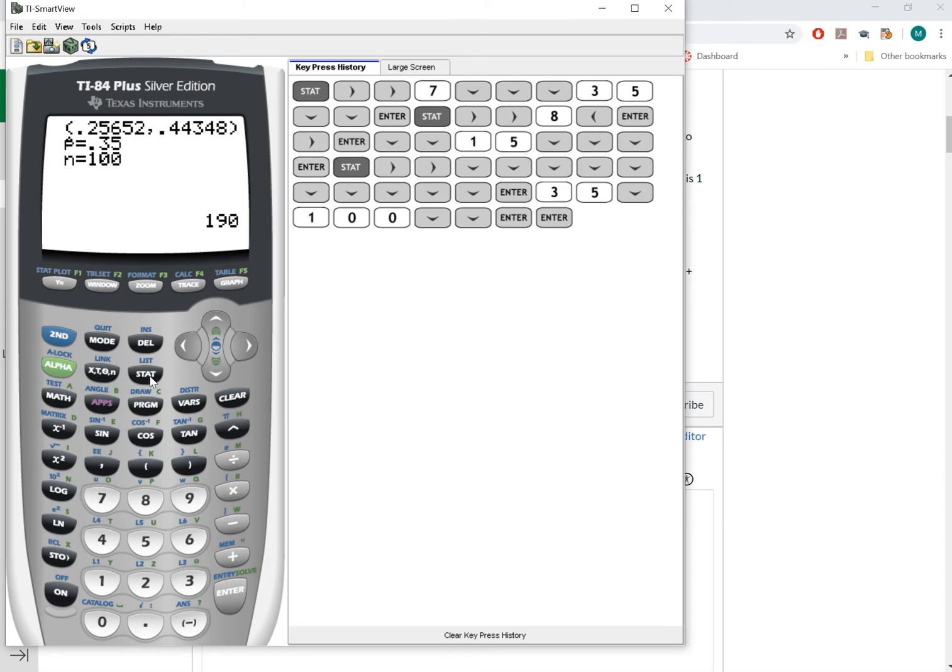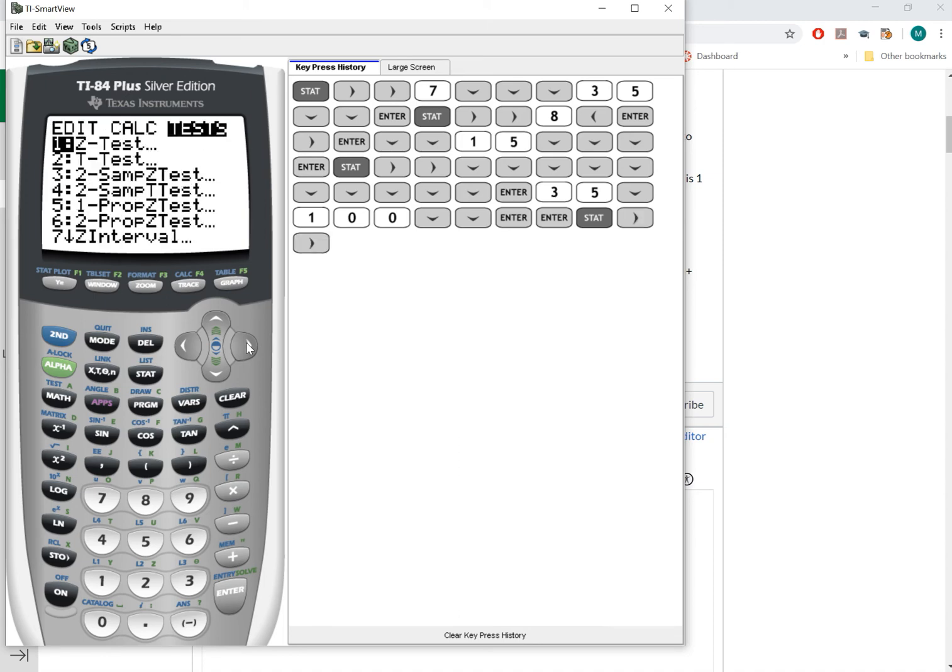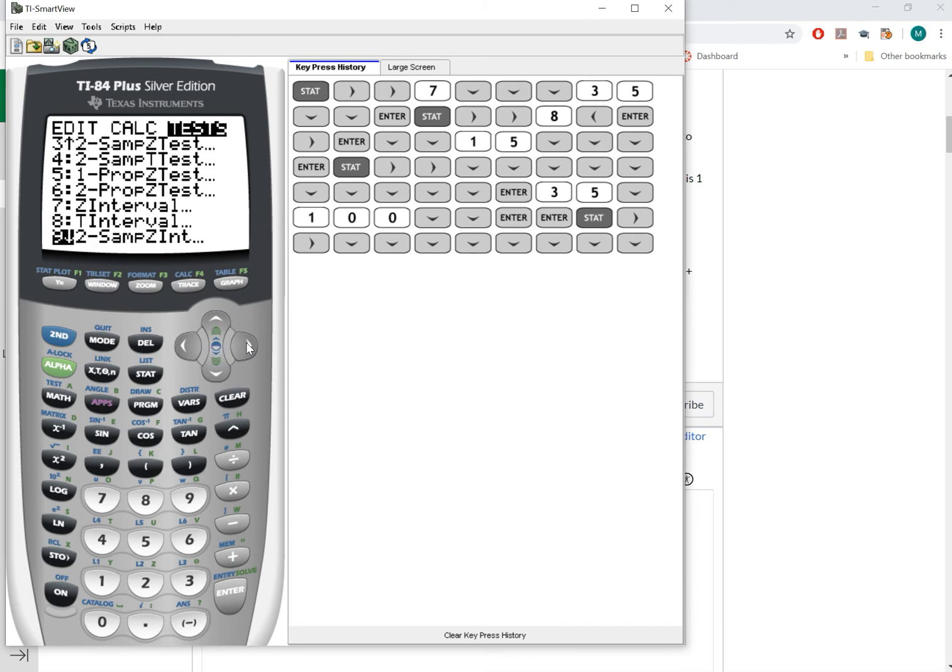There are other confidence interval tools that you could use here, so I'll scroll over again. If you notice, right after t interval, so z interval, t interval, then after that you have 2-SampZInt, 2-SampTInt, and that's the same application, it's just you have 2. And then there's also what we call a two-proportion z-interval.